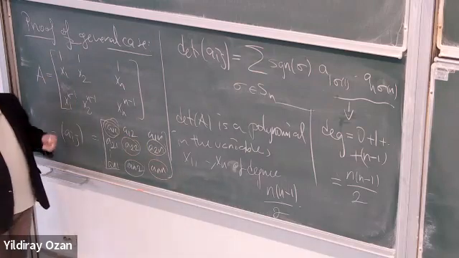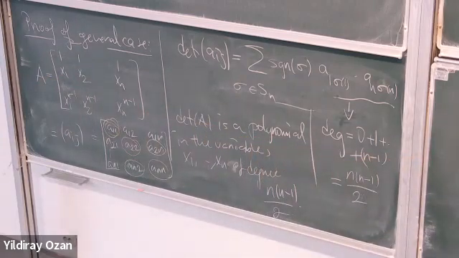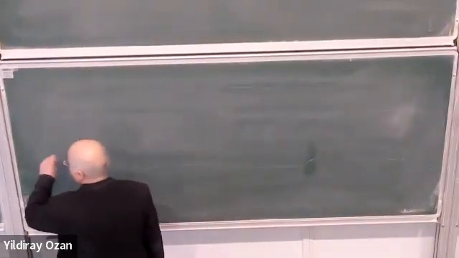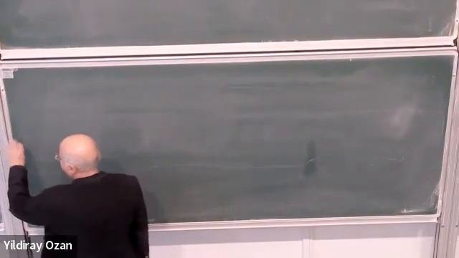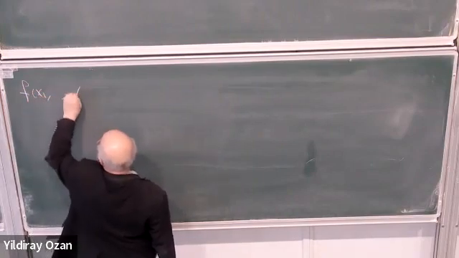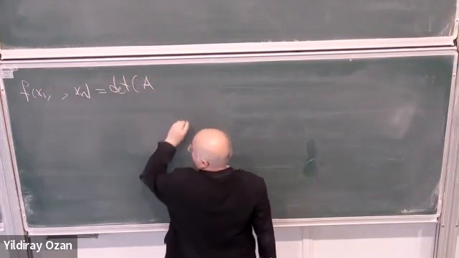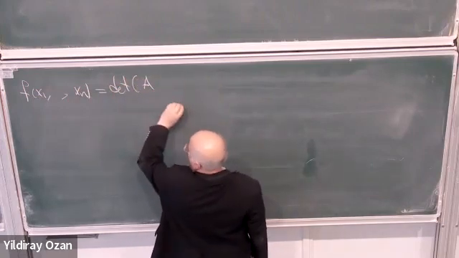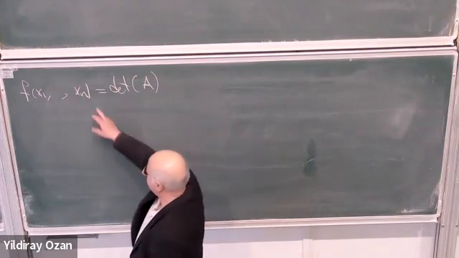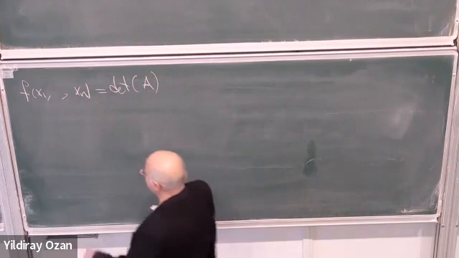This means what? So let's call that polynomial f of x1 up to xn. This is the determinant of a. It's a polynomial of degree n times n minus 1 over 2.